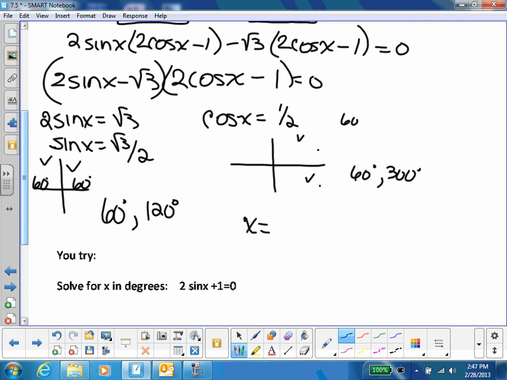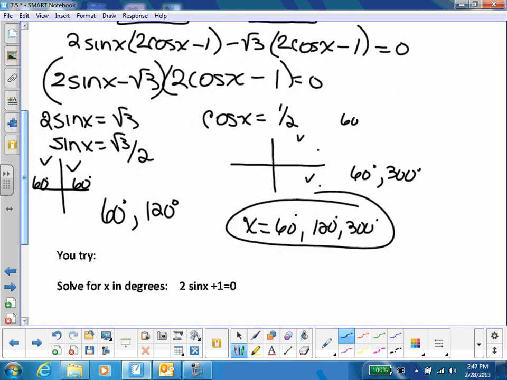So x is going to equal 60, 120, and 300. Are we getting this? Because I got 60 and 120 from this one, and I got 60 and 300. So the answer is a combination of both of those.